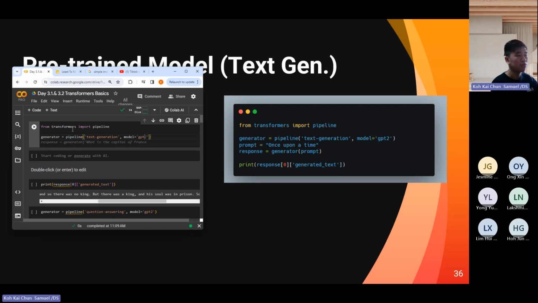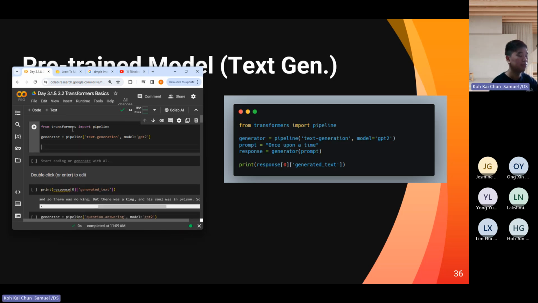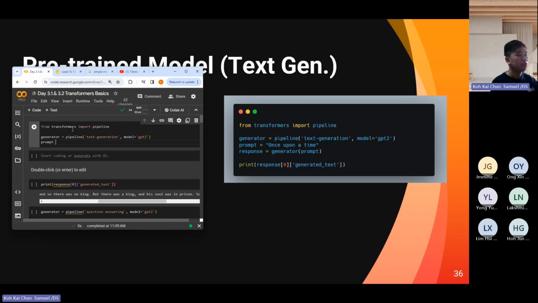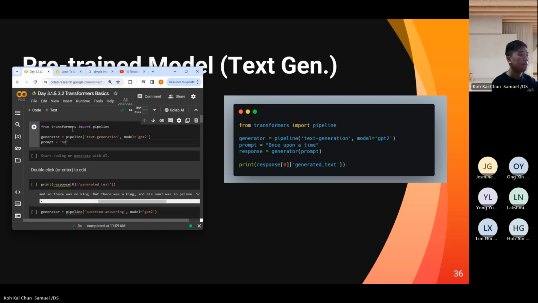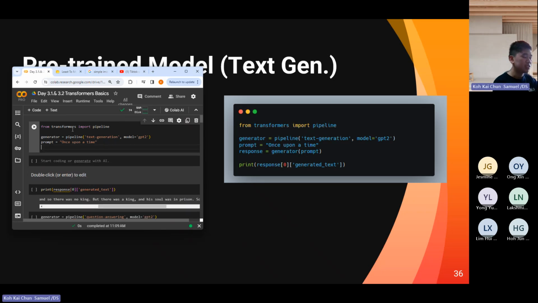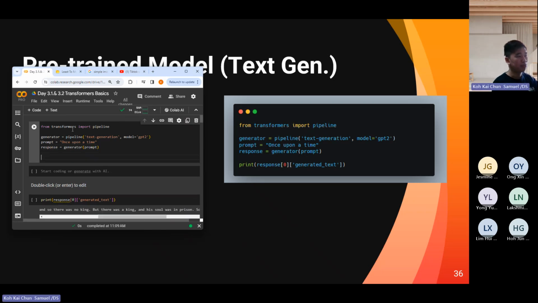In this case, we are using GPT-2. It's a simpler model. So the prompt will be "once upon a time". As well as response is a generator with the prompt. And lastly, we want to print the response out. So print response, the first response, index 0, and its respective generated text. Simple, right? Just a few lines of code, and we could use a pre-trained GPT to do the work for us.